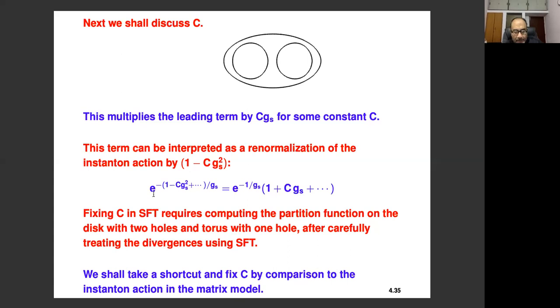Because if you take, for example, e to the minus 1 over Gs, the classical action, and multiply by 1 minus C Gs squared and expand in power series in Gs, you get e to the minus 1 over Gs times 1 plus C Gs. So multiplying an amplitude by C Gs is equivalent to renormalizing the instanton action by this factor of 1 minus C Gs squared. This is the interpretation that we're going to use to fix C.